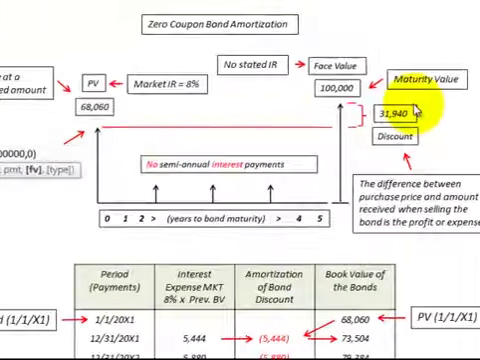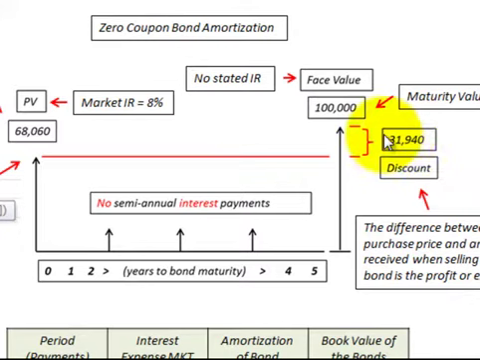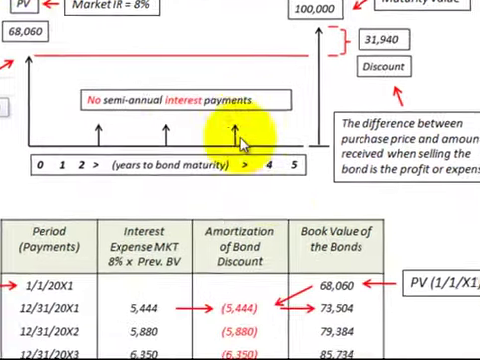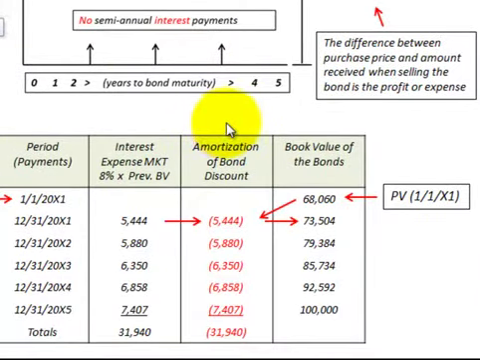All right, let's amortize the interest received or payable on this zero coupon bond. This assumes that we held it to its maturity value of $100,000 and we purchased it at its present value of $68,060. So going down to our amortization schedule, we start out with a book value of $68,060.